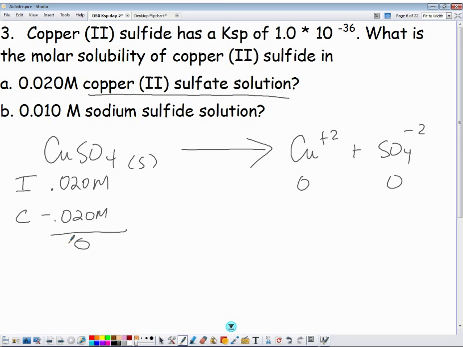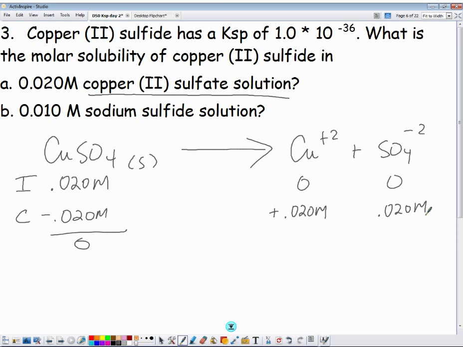So Austin, how much copper ion do I make? 0.02. And Michael, how much sulfate do I make? Same amount. Why the same amount? Their coefficients are the same.